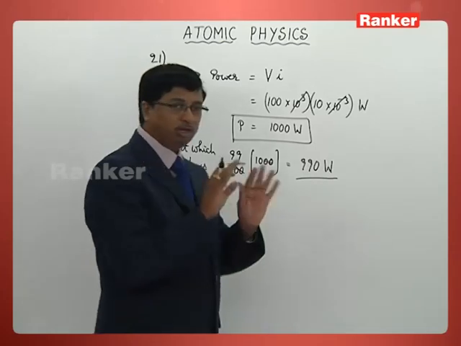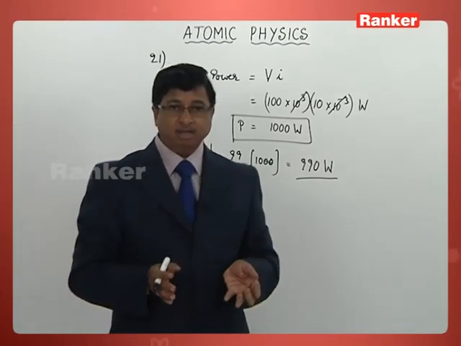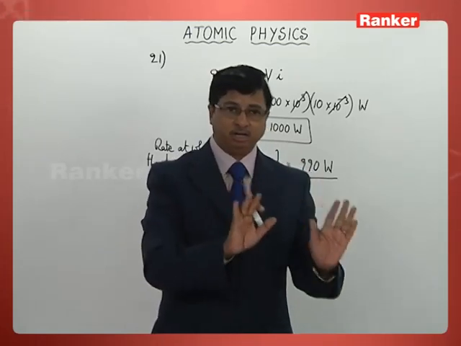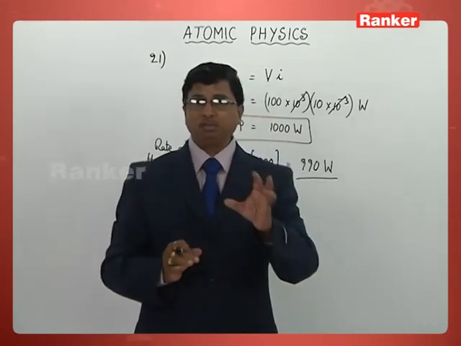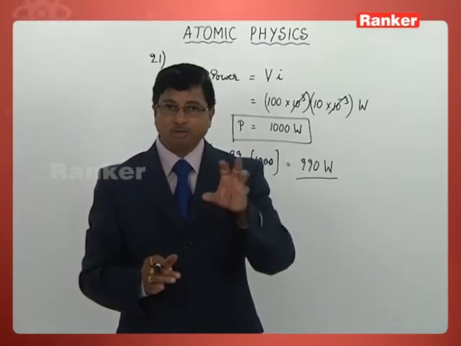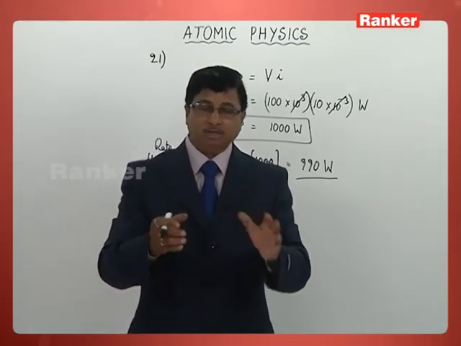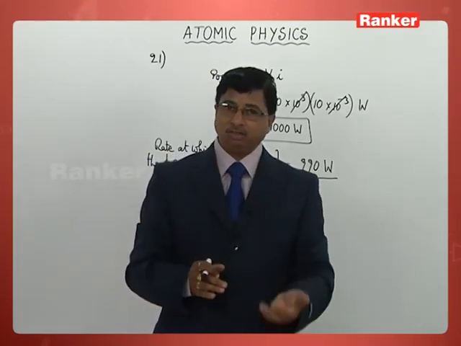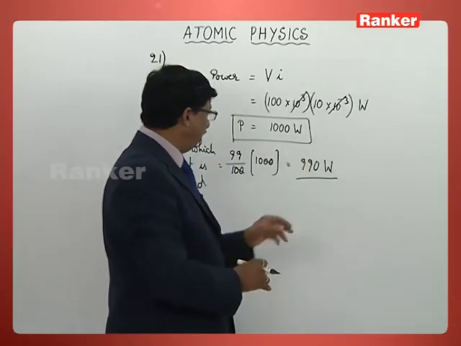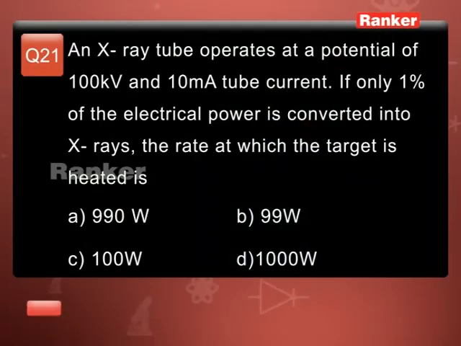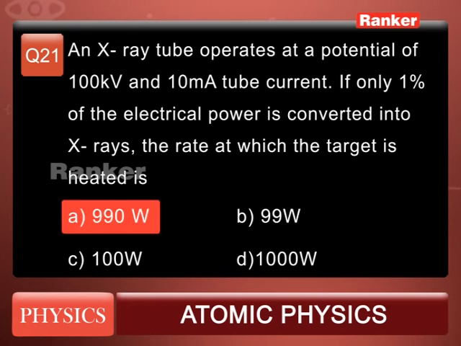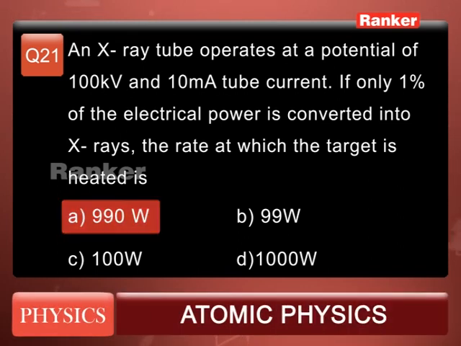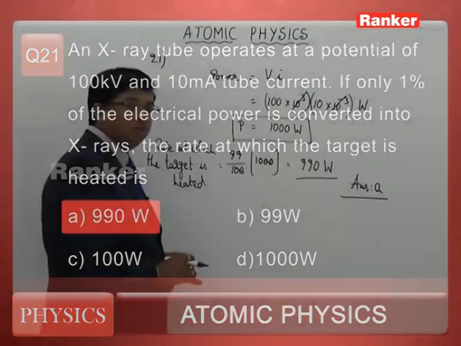So out of 1000 watt of total power, 10 watt only is utilized for the X-rays to be liberated. The remaining is simply being used to heat up the target that has been taken in that X-ray tube. So that is what he is asking. So 990 watt, that is nothing other than the very first option for this particular problem. So 990 watt is the rate at which the target is being heated.